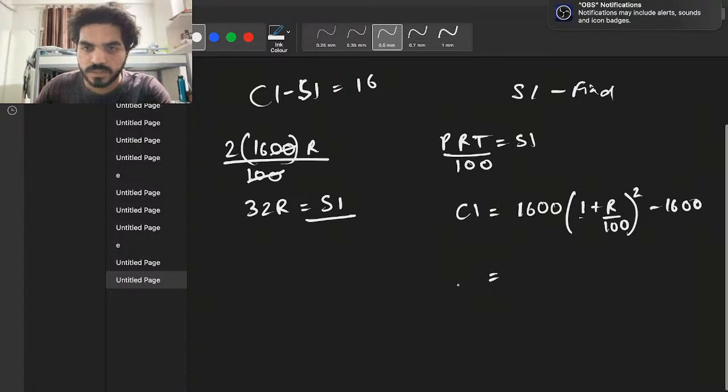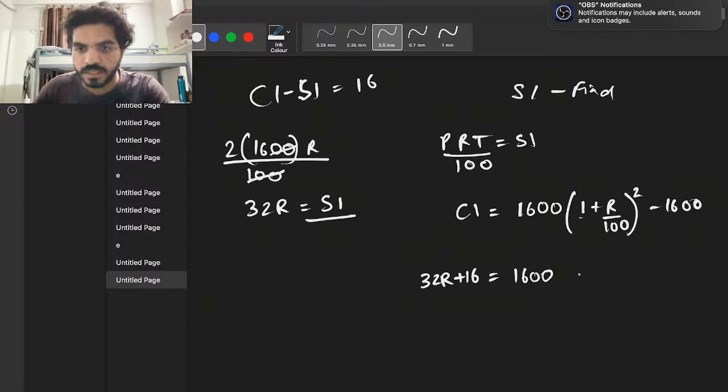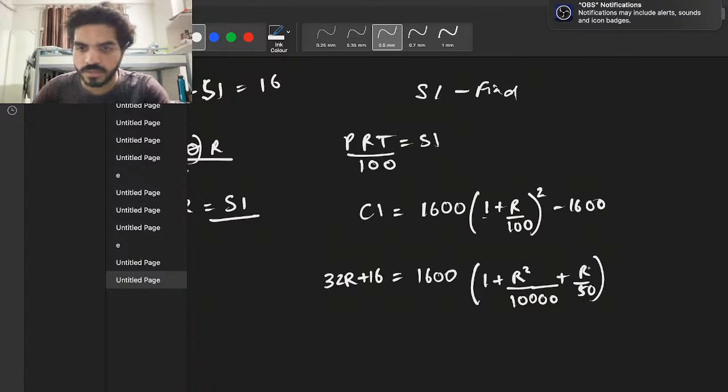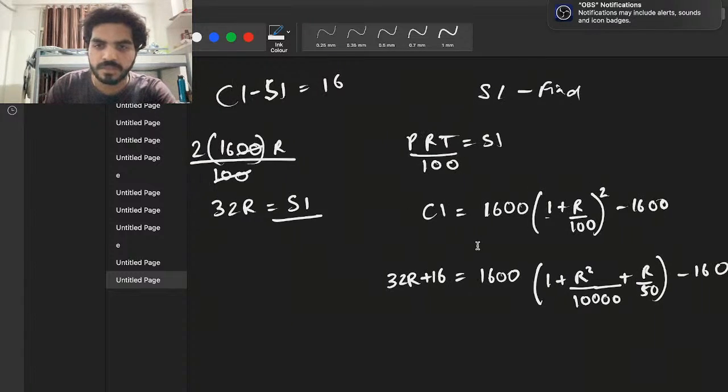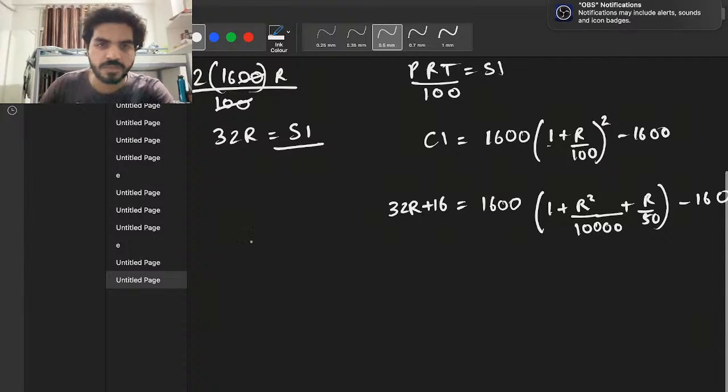SI is given to us, that was 32R, and since the difference is 16 rupees, CI will be SI plus 16. So 1600 into 1 plus R square by 100 square, 10,000, plus R by 50, minus 1600.